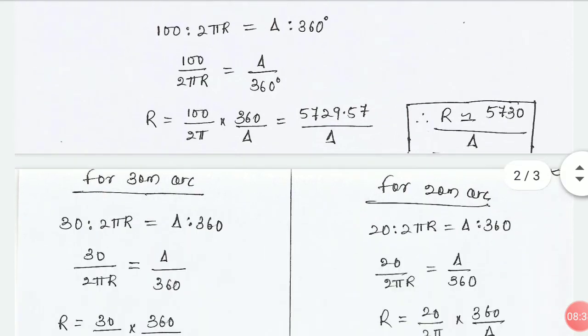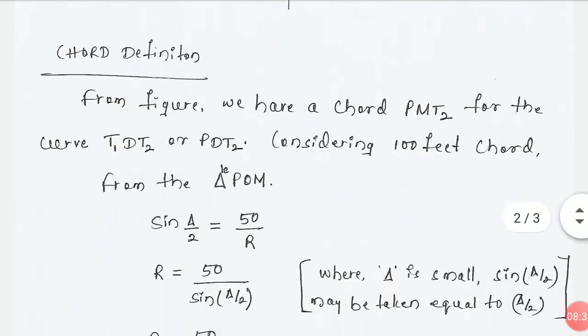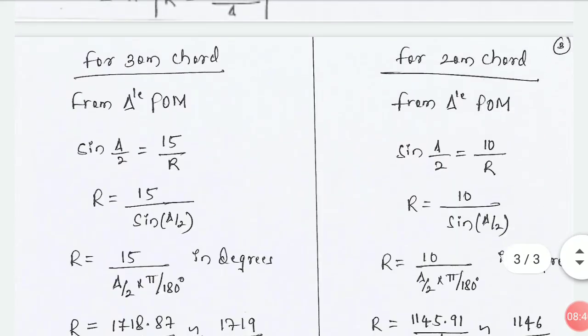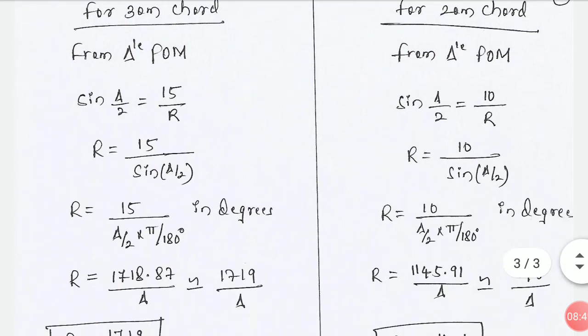Now from the chord definition, if I am using metric chains, a 30-meter chain or tape or a 20-meter tape, with the chord of 30-meter length or 20-meter length, sine delta by 2 is 15 by r.